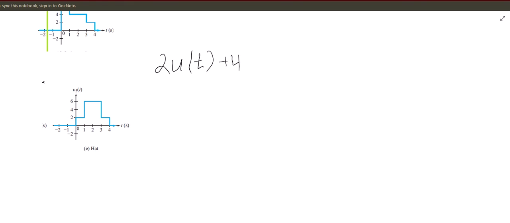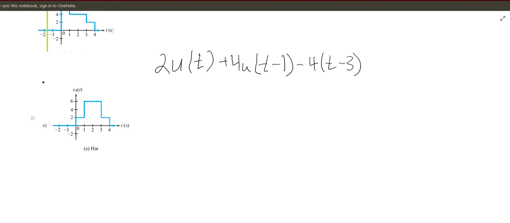Okay, so 4u of, now it's occurring at 1, t minus 1, so it's going up by 4. And then our next change happens at 3, and at 3 it's going down by 4, so that'd be minus 4u of t minus 3.